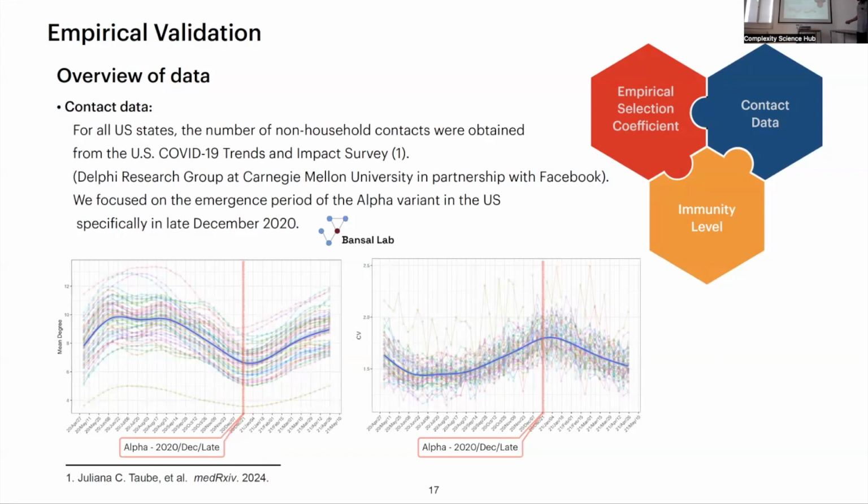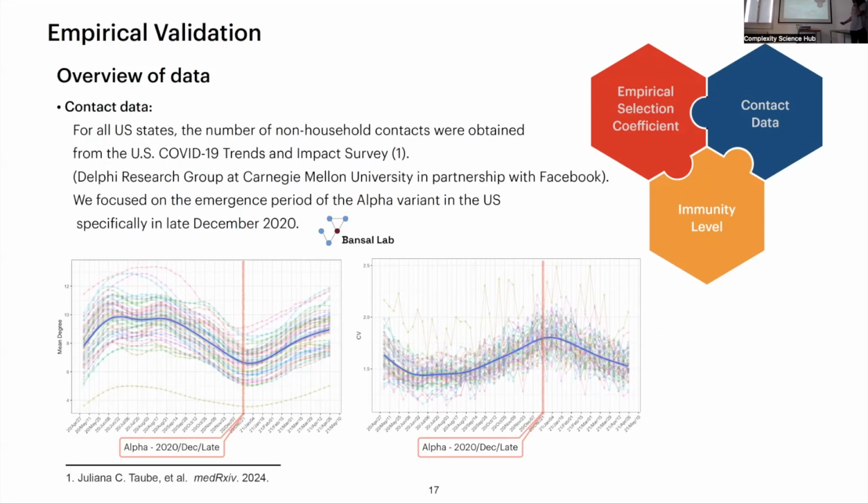With this survey data, we could compute the average number of individual contacts, which in our model represents the mean degree, and its variation in terms of coefficient of variation, or CV.